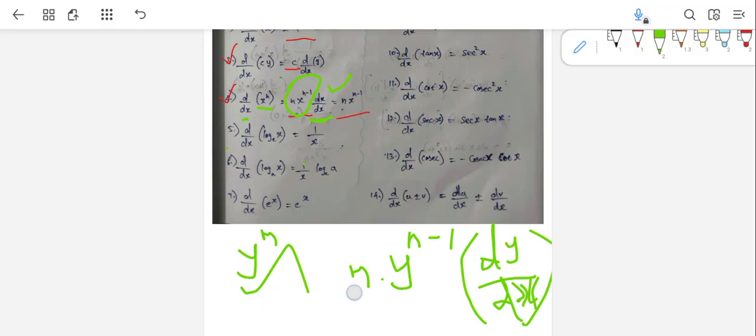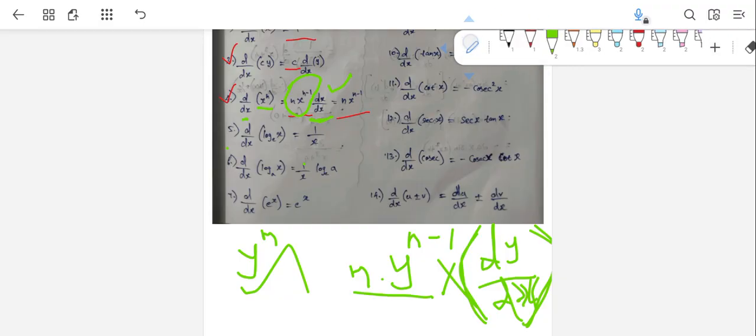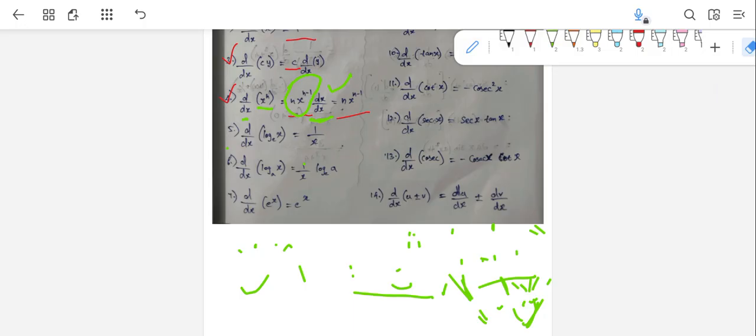So after writing this, you need to do another differentiation and its value will get multiplied. Then only your answer will be correct. I know many of you got confused with this, but don't worry. When I solve the questions, you will be very clear about this.